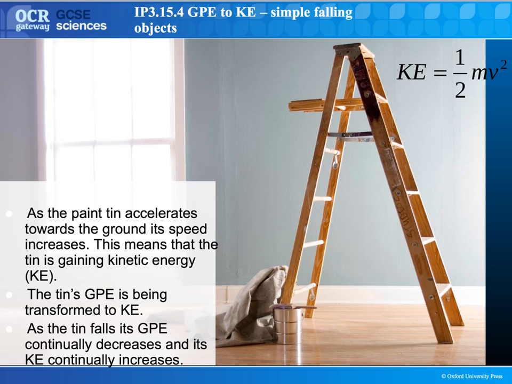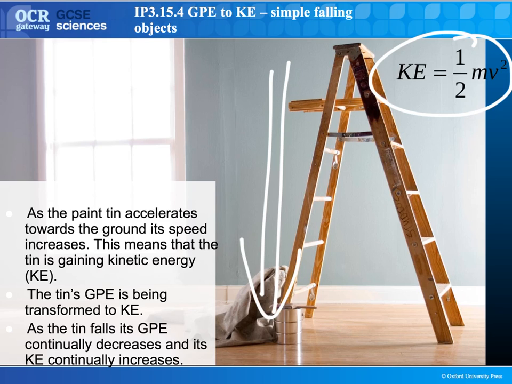Because we also know that objects accelerate due to gravity, and we know that the equation for kinetic energy is a half times mass times velocity squared, that object that's accelerating, that's getting faster as it falls down to Earth, will be increasing the amount of kinetic energy it has because its velocity increases.